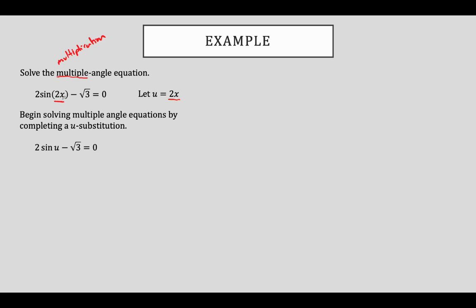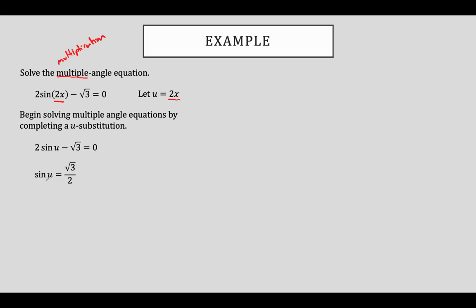We replaced 2x with U. Now we can begin to solve this equation for U. Well, what would we do? We would add root 3 to both sides of the equation, and we would divide by 2, giving us the sine of U is equal to root 3 over 2.